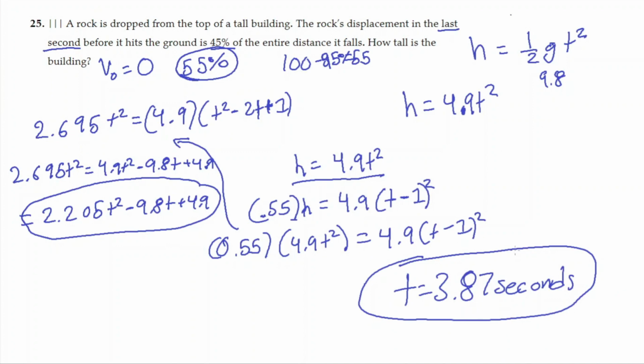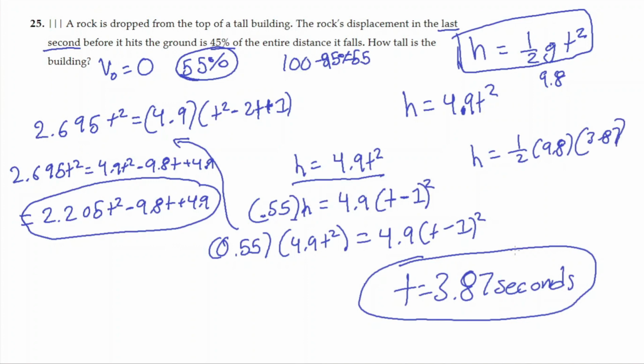So all we need to do is plug it into our original free fall equation, and then we'll get h. So h is equal to 1/2 times 9.8 times 3.87 squared. And if we calculate that out, we get that h is equal to 73.4 meters, or rather, h is equal to 73 meters. And that is the height of the building.